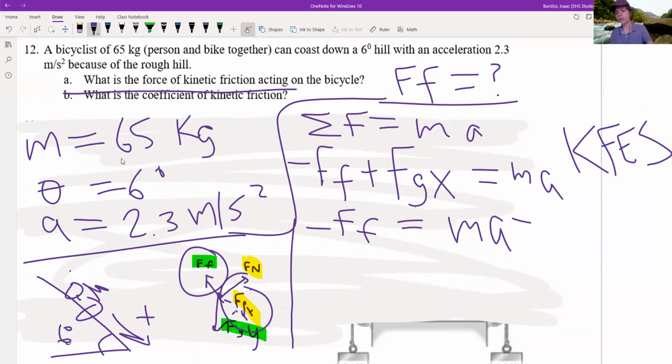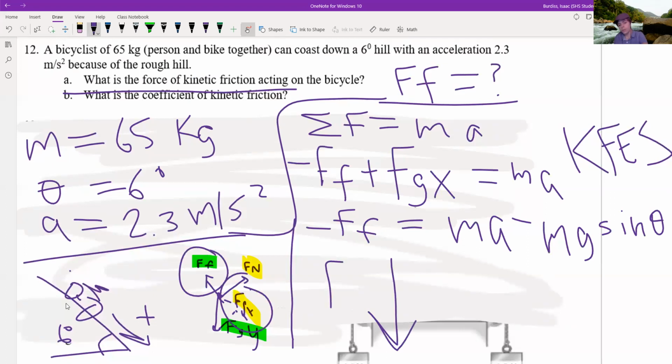And I'm going to rewrite that as mg sine theta, because you might say, hey, I thought that X meant cosine. Well, not this time, and you would just have to know your trigonometry. Let me try to explain this quickly.